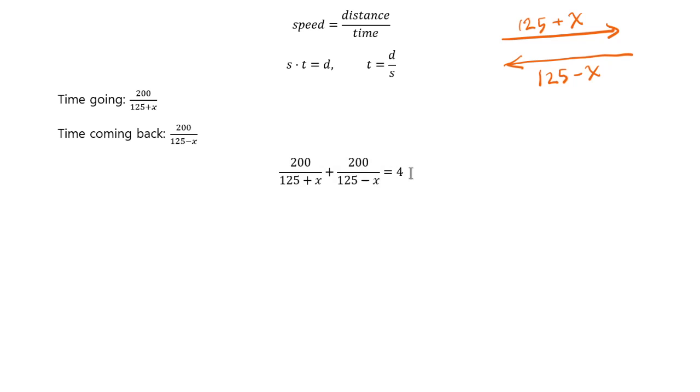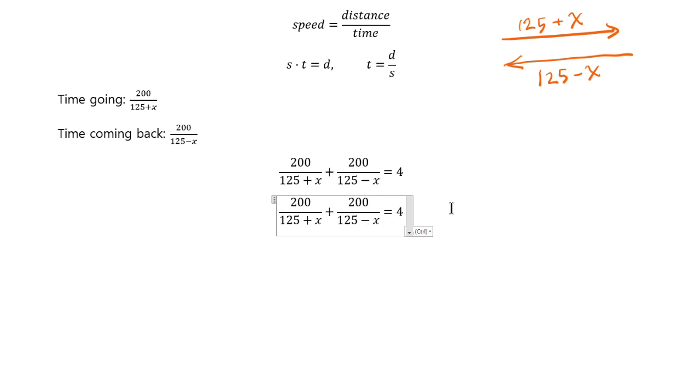So we have to solve this rational equation. It looks very scary, but remember, whenever you have a fraction for an equation, we can multiply by the denominator both sides, and that results in an equation that doesn't have any fractions. So let me show you what I mean by that.